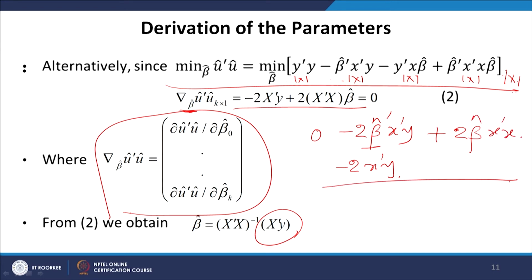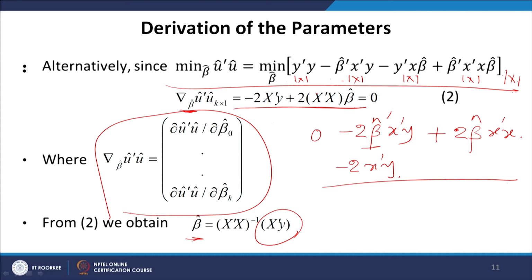Now, from these two terms, the expression is minus 2 x prime y plus 2 x prime x beta hat, and this is set equal to 0 because this is the first order condition. From here we arrive at the expression for beta, which is x prime x inverse x prime y, right.